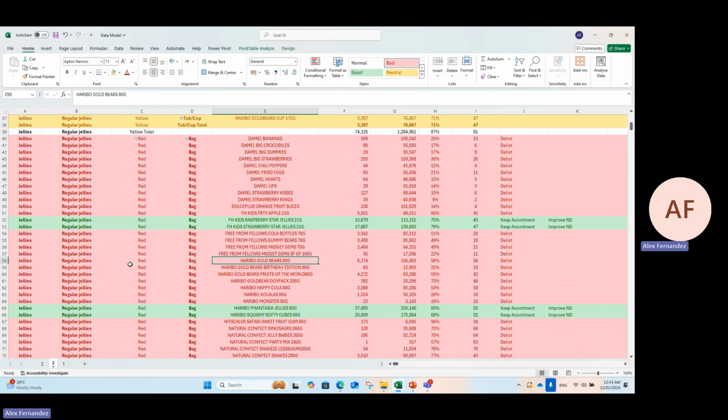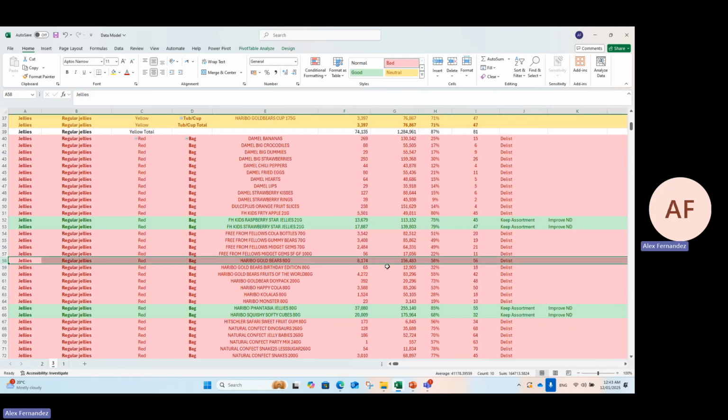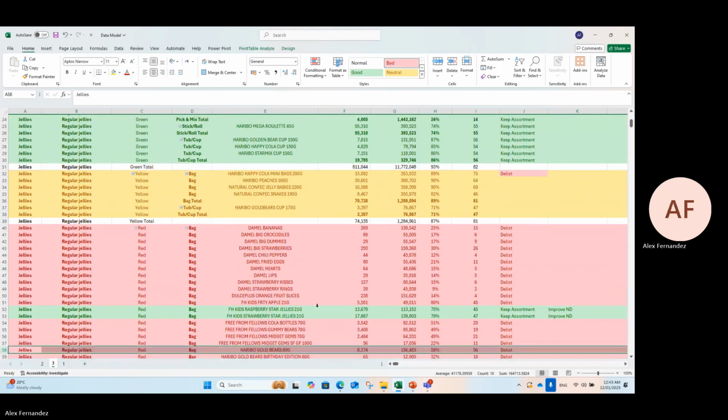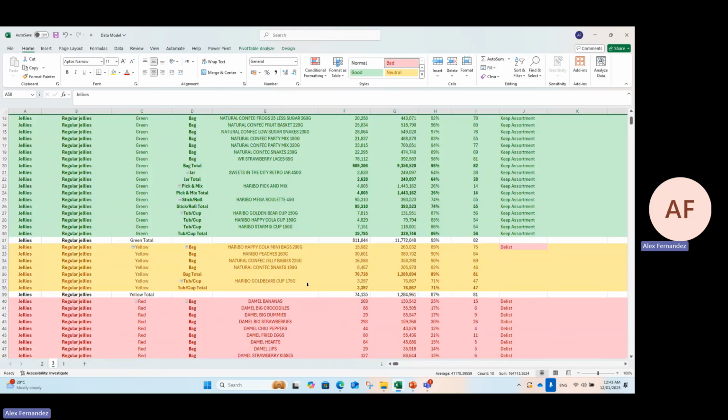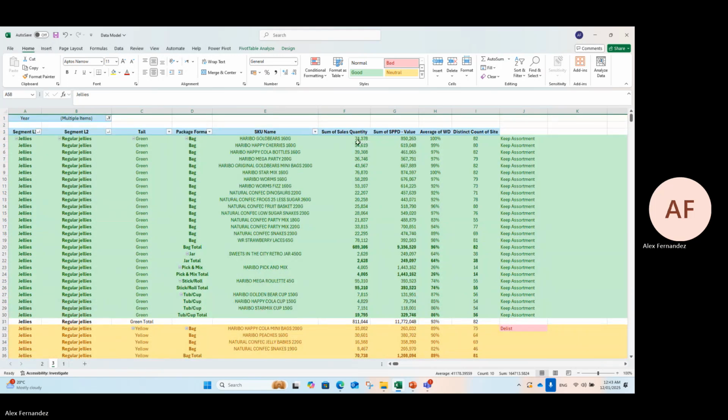And here, gold bears 156, 58, only 8K. And this is 80 grams. So the gold bears 160 grams is doing great.